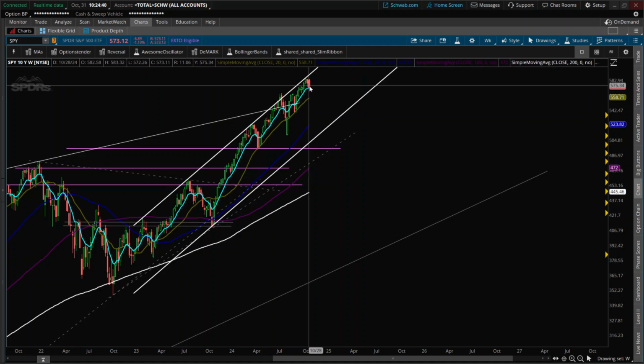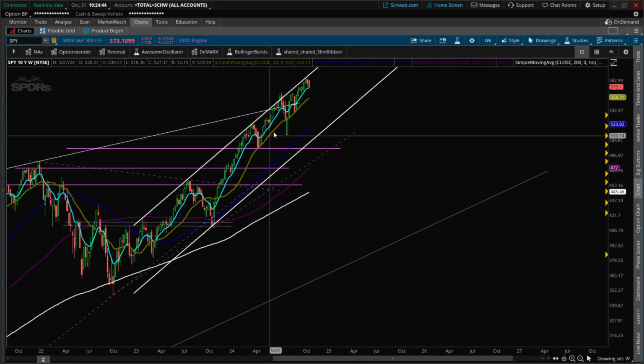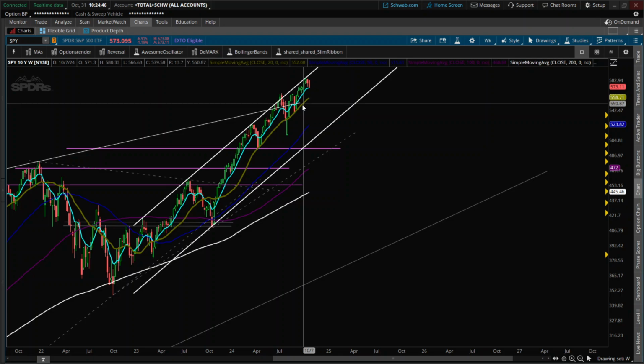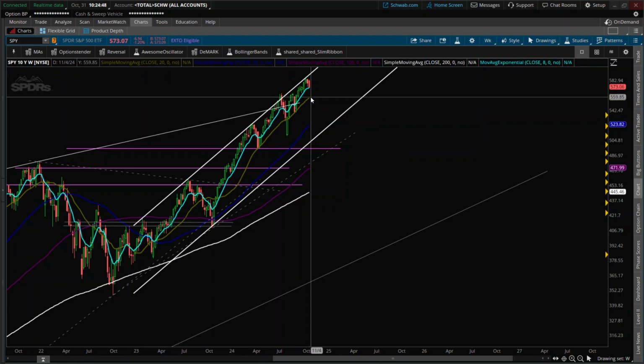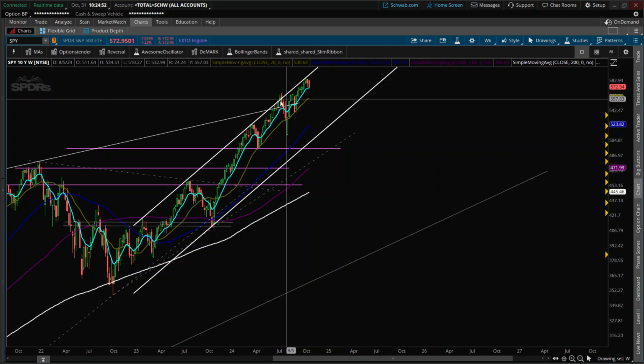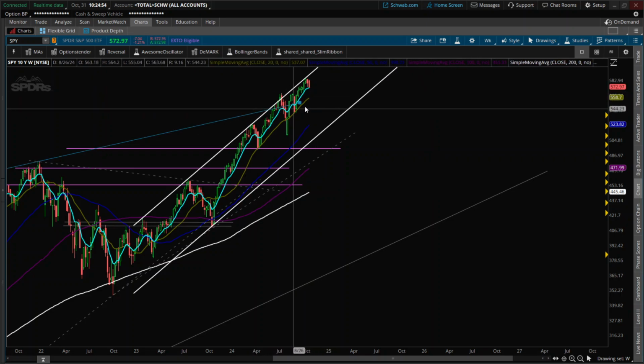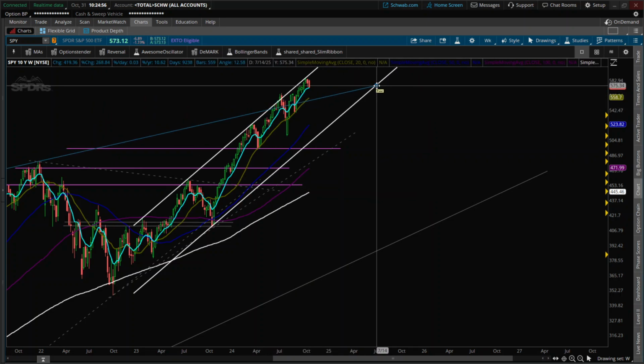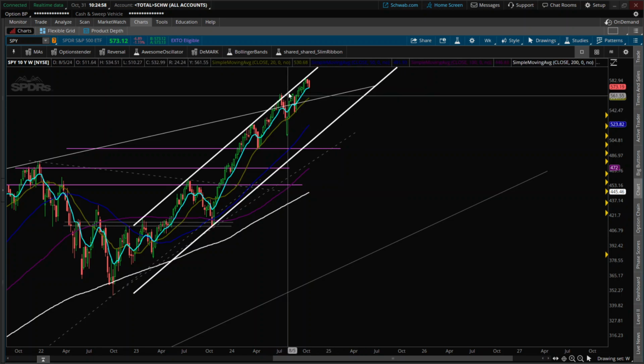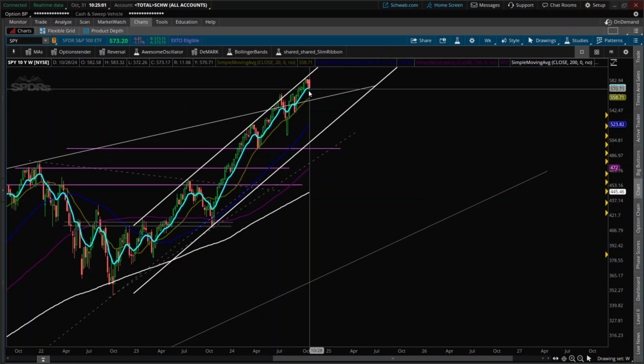We have our reversal. If we break down from the 8, we still have work to do. On the 20 moving average, that's our trending indicator, and the trend is technically still up. So we're still above that 2000 trend line here. So we're still in the stance here, right?